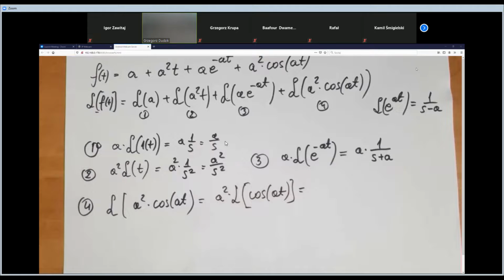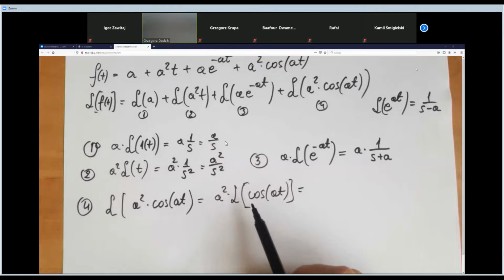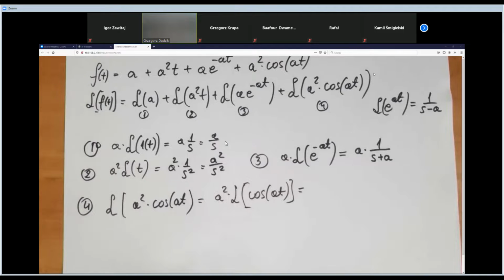So we have to find the Laplace transformation of the cosine at function. In fact, I can show you this table. I found it on the internet, of course. Here it is.